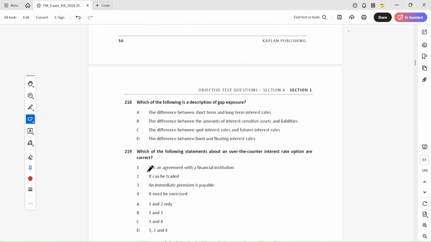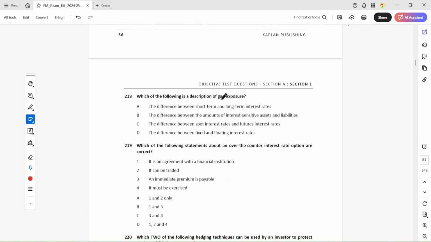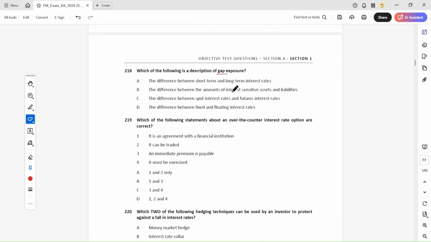Okay, the next is which of the following is a description of gap exposure? Gap exposure means the difference between short term and long term interest rate? No. Gap exposure means the difference between a group of assets and liabilities that mature at a point in time.